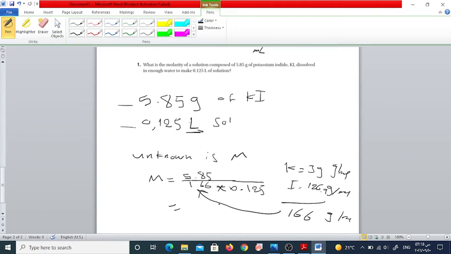Simple algebra, I get 5.85 divided by 166 times 0.125, which is 0.281. So molarity equals 0.281. Yes, here you have calculated the molarity.